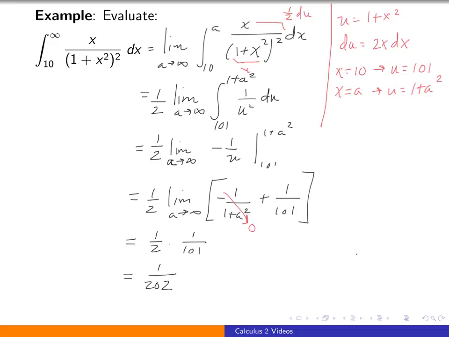So when encountering an improper integral, our first step towards evaluating is to rewrite as a limit of this definite integral. Once you fully evaluate that definite integral, we then go ahead and take the limit. But at each subsequent step in between, we continue writing that limit until we evaluate.